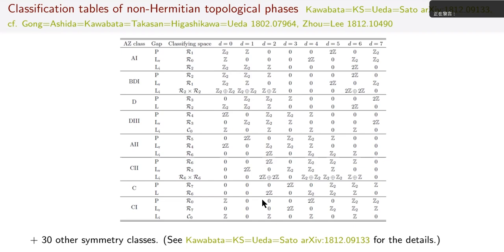If we focus only on the point gap, you can see the same table. In zero dimension: Z2, Z2, 0, 2Z, 0, 0, 0, Z. In one dimension: Z, Z2, Z2, 0, Z2, Z, 0, 0, 0. Okay, so this is just a copy.